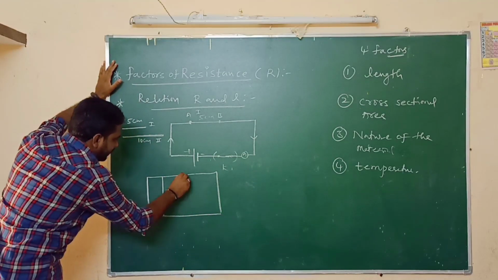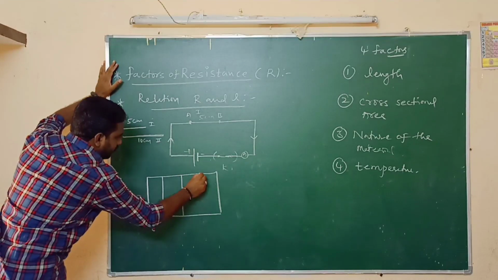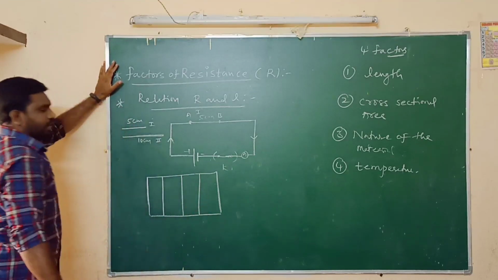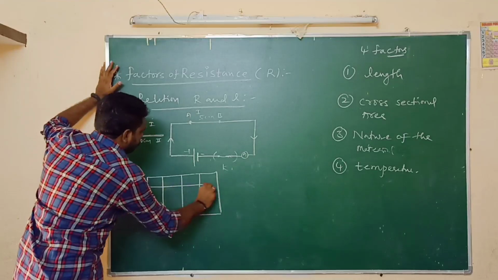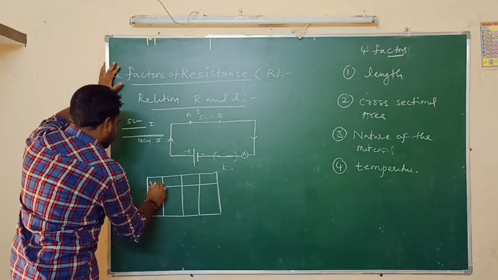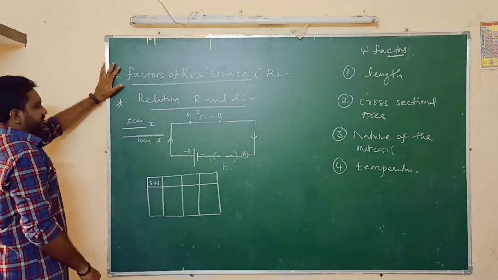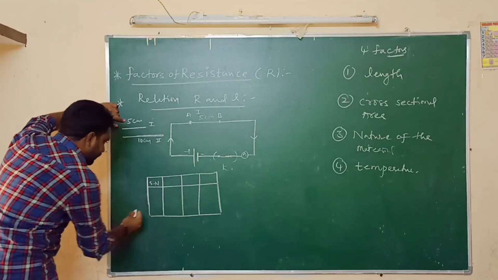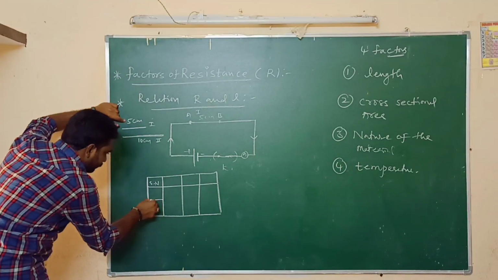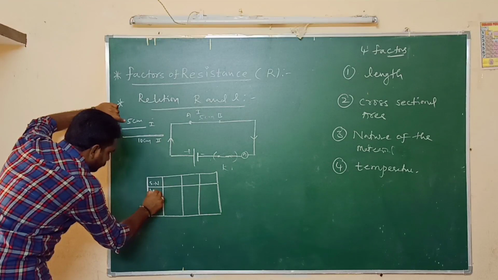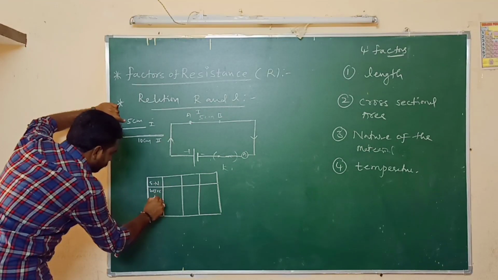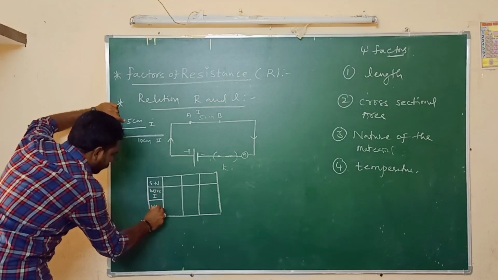This table consists of 4 columns: serial number, and then wire 1 and wire 2.